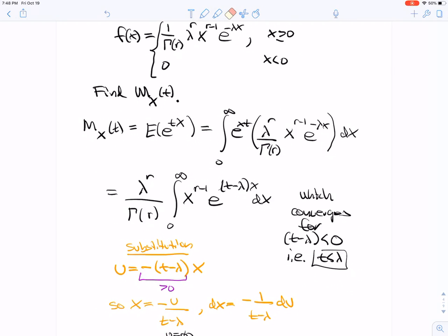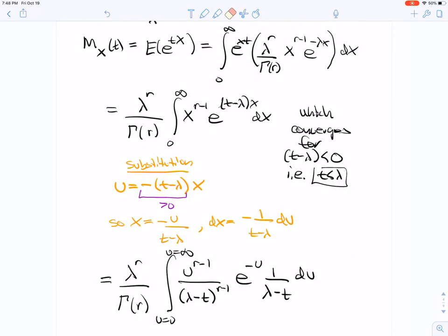Now notice that this integral will converge for t minus lambda less than 0 because it's essentially a gamma. But when t minus lambda is positive, there's no way this is going to converge, because just think about the shape of the function here. The area under this shape is not going to be finite.